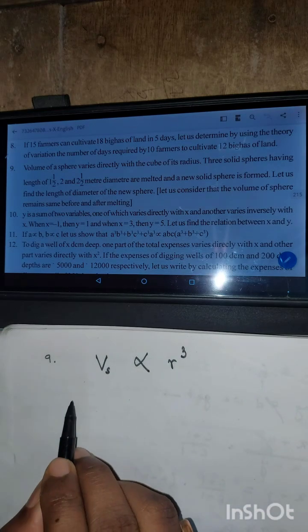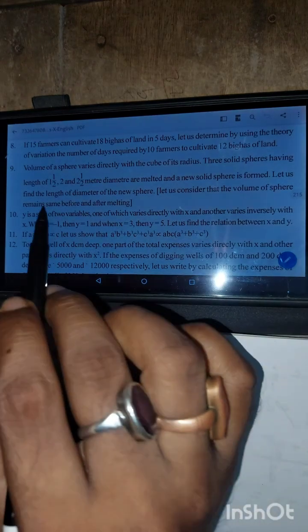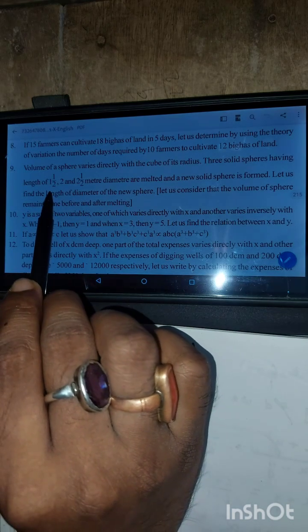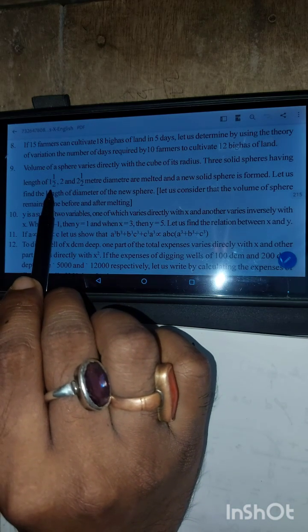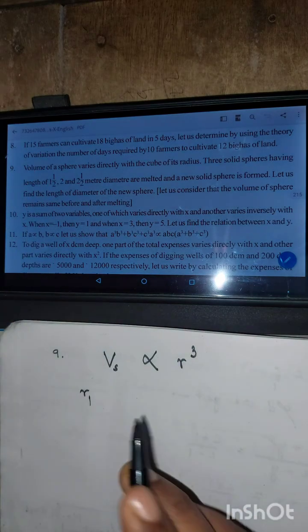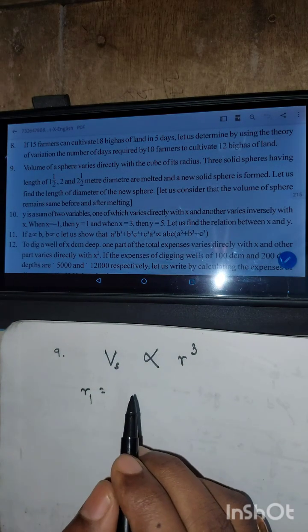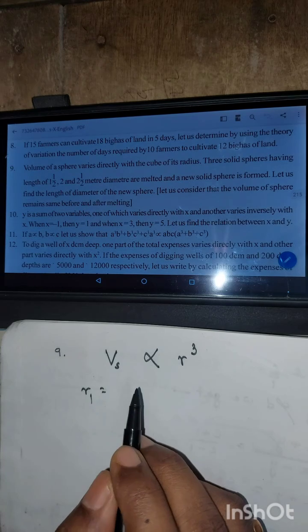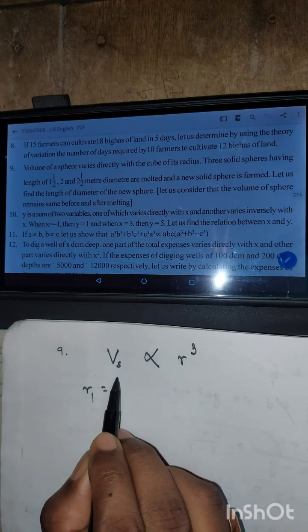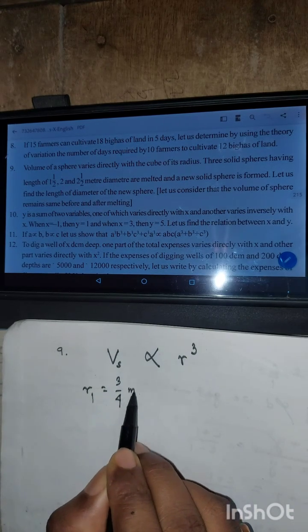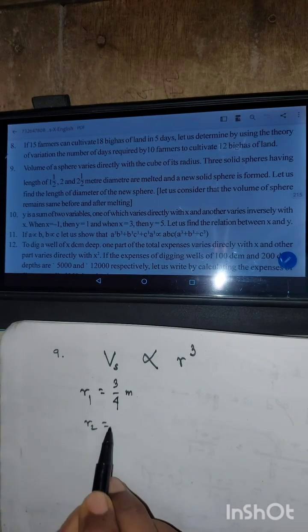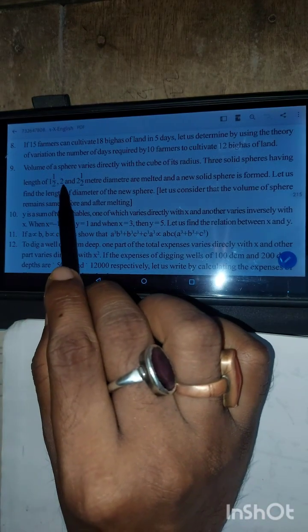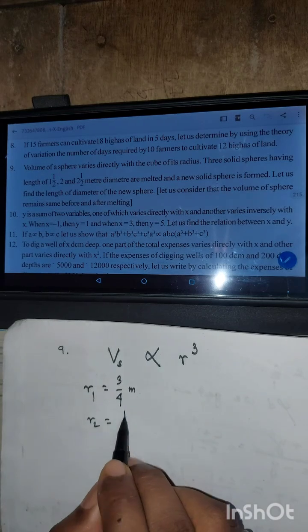So r1, if the diameter of first sphere is 3/2, then the radius becomes half of 3/2, that means 3/4 meter. r2, the diameter of second sphere is 2, so the radius becomes 1 meter.